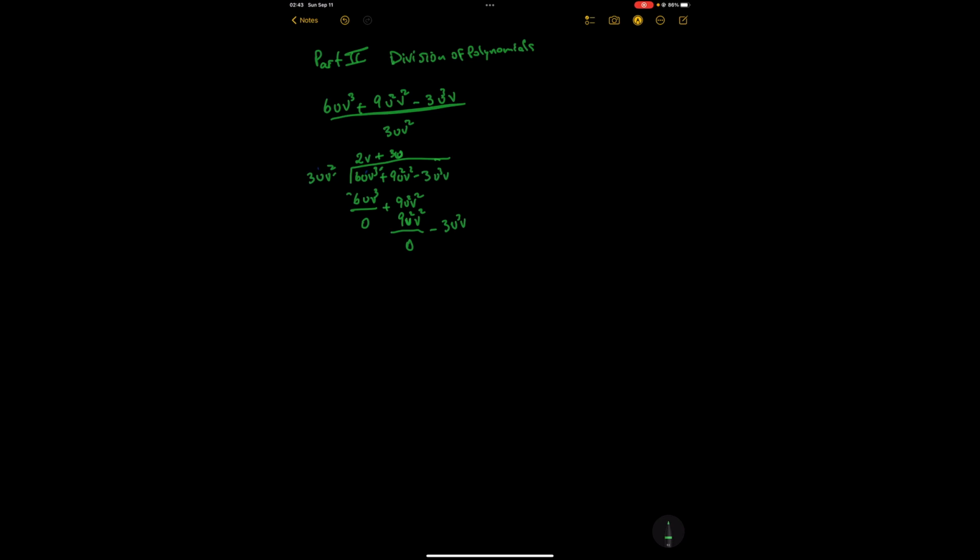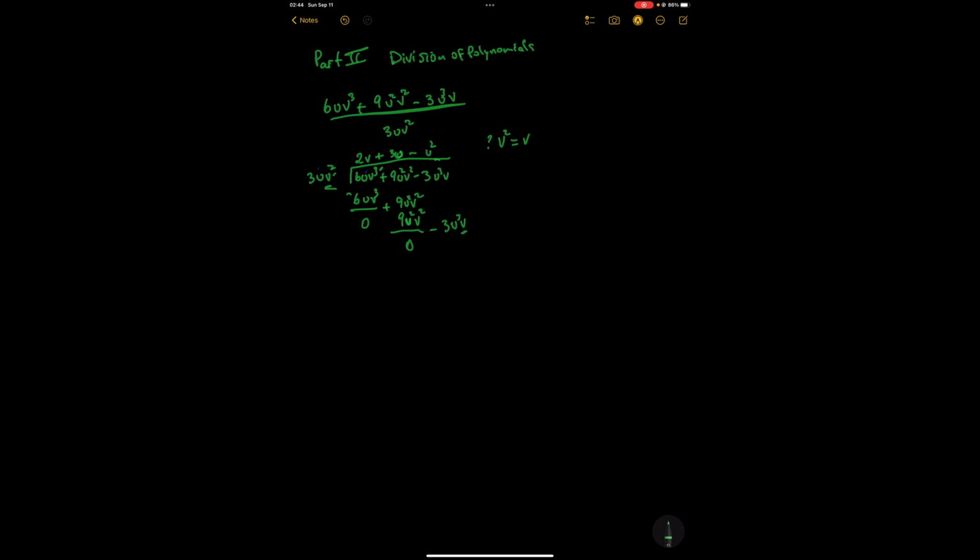And now we have u cubed. So what will we need to multiply to get this one? This now is a bit tricky because we have a v squared right here and we have a v over here. Well, we know that for the u, it's going to be just u squared. But for the v, what multiplied by v squared would be equal to v?